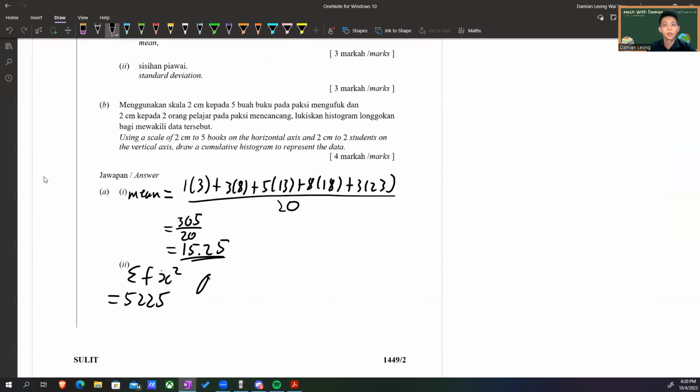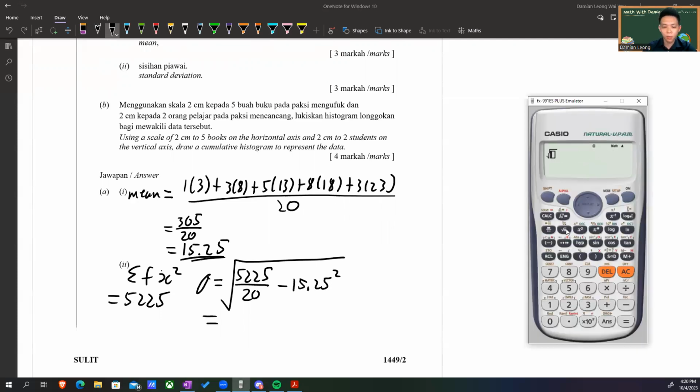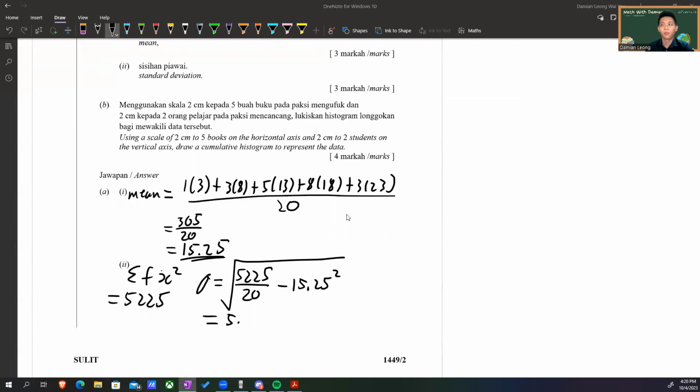Standard deviation is the square root of sum of fx square over n minus mean square. Mean is 15.25. So square root of 5225 over 20 minus 15.25 square is 5.356. Or you round off, then 5.36. That's fine. That's the mean and standard deviation.